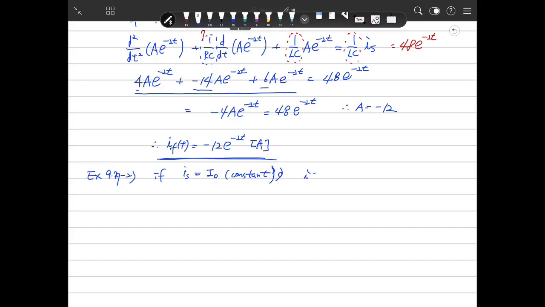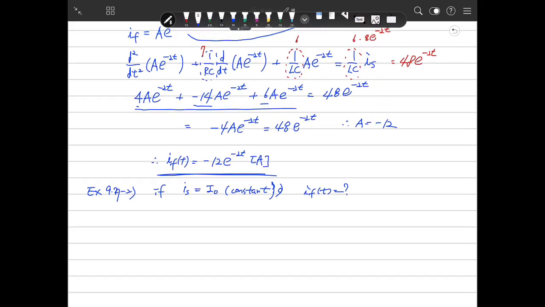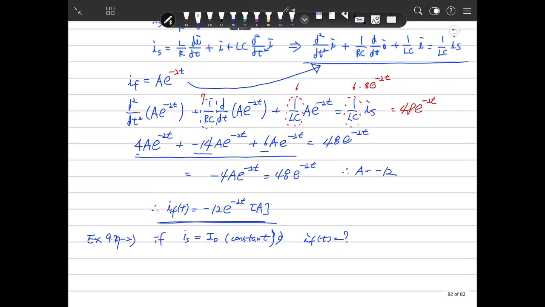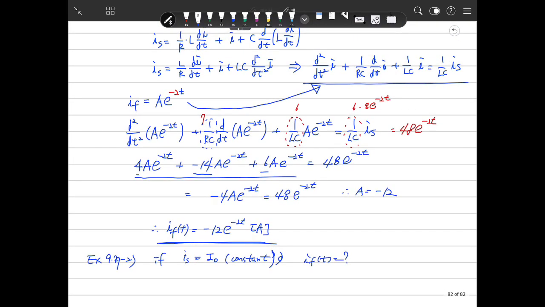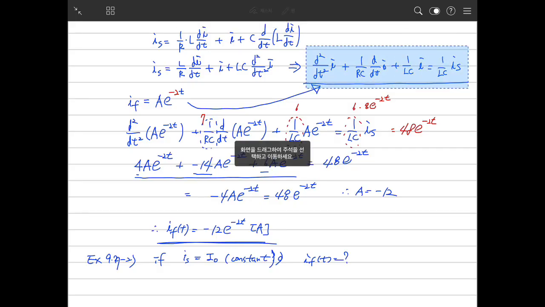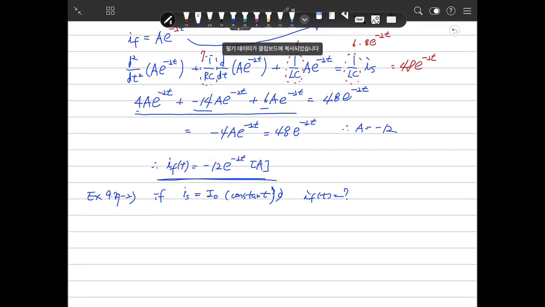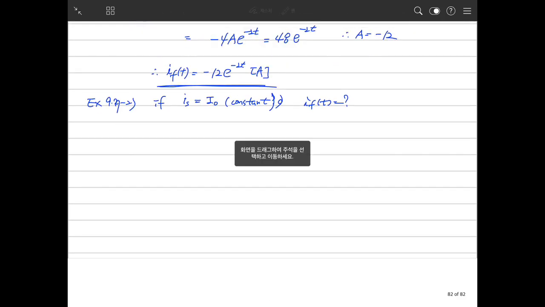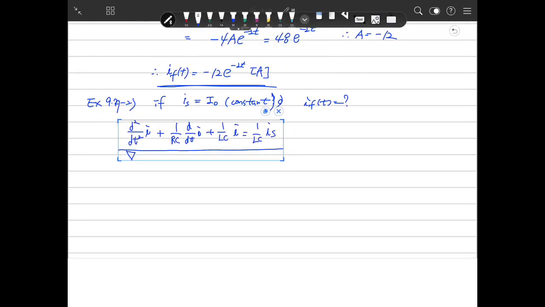Then what happened? The same things. We can use this equation here, and we know that that value is 7 and that value is 6.